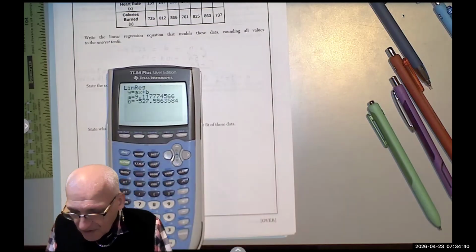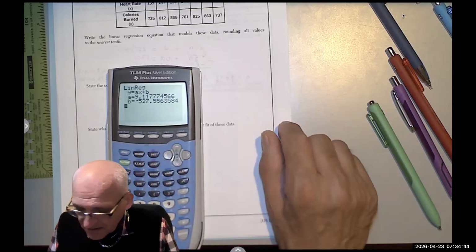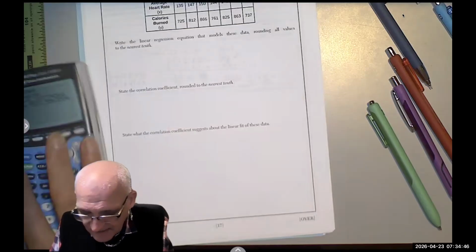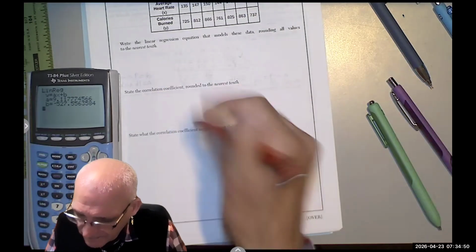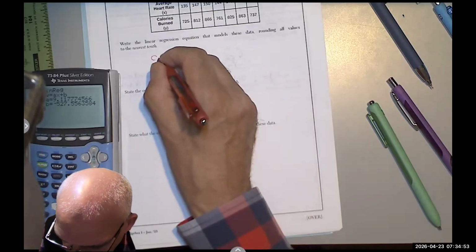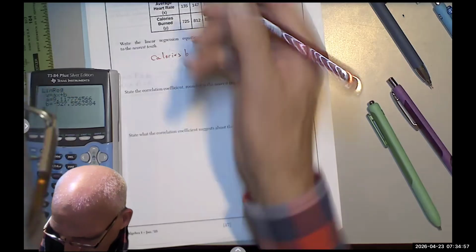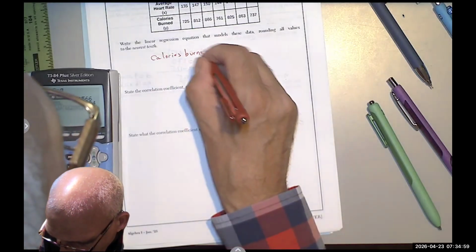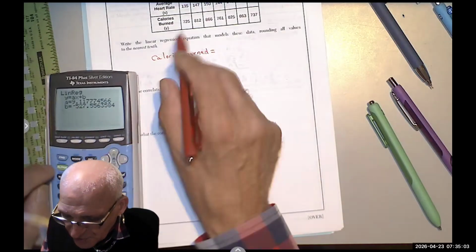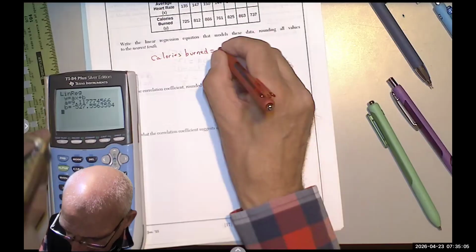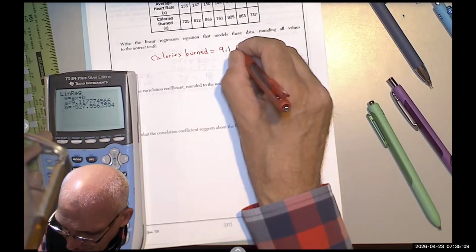It gives you the equation: calories burned, or Y in this case, equals A, which they wanted to the nearest tenth, so 9.1 times the average heart rate.